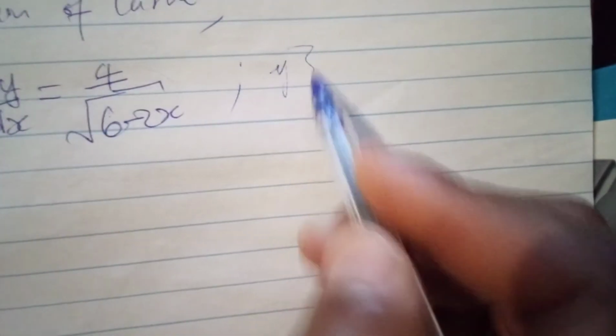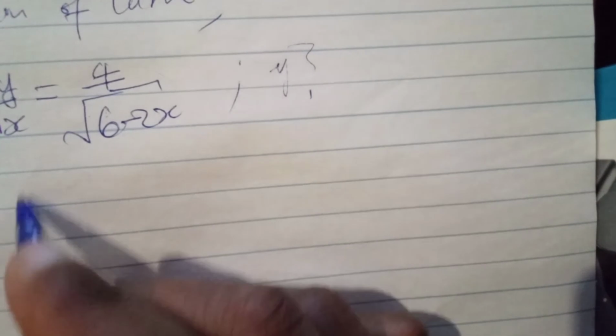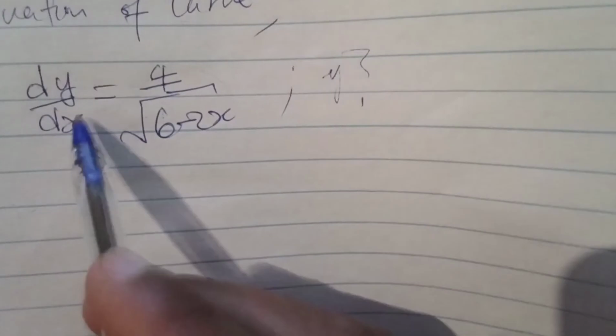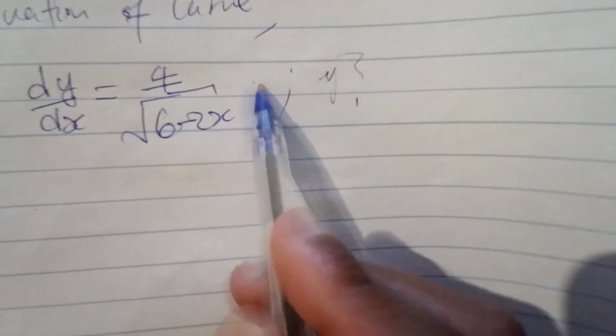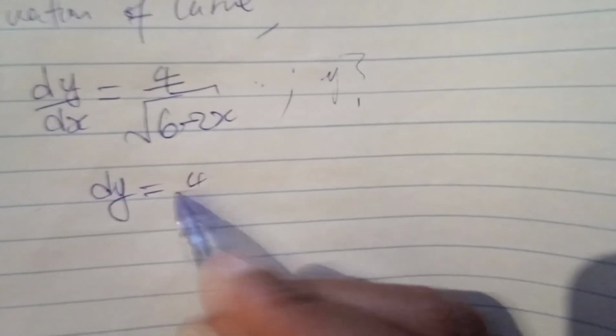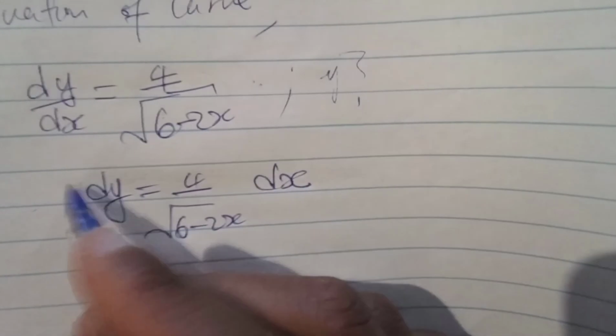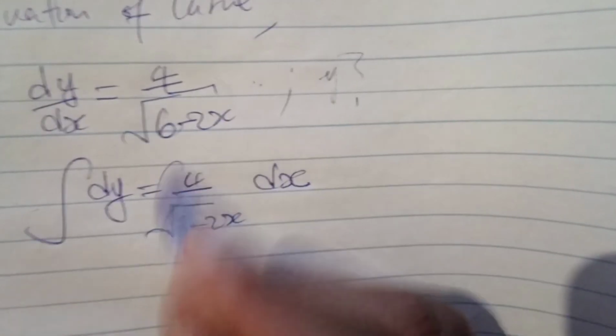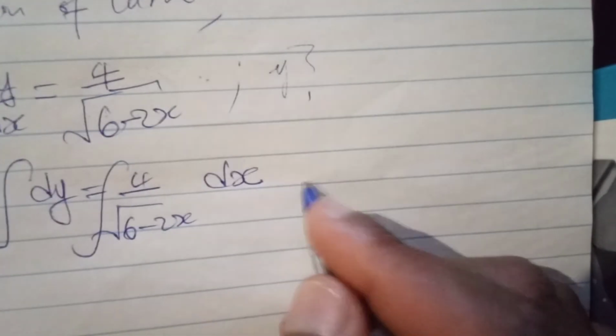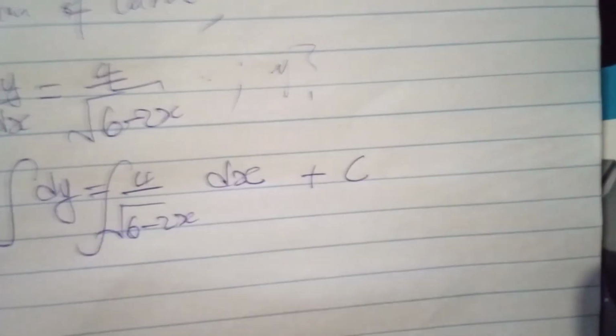So we need to solve for y. We can multiply by dx, so we have dy equals 4 over the square root of 6 minus 2x dx. Then we take the integral of both sides, and of course we need to add a constant.